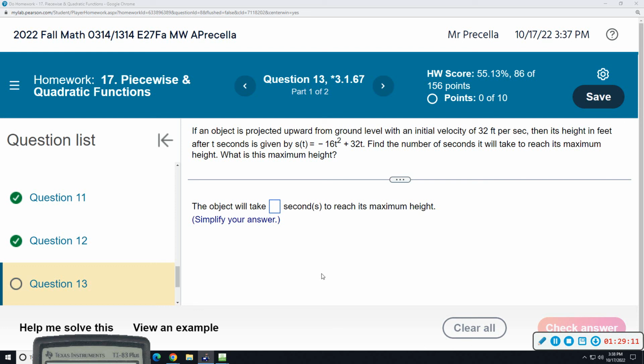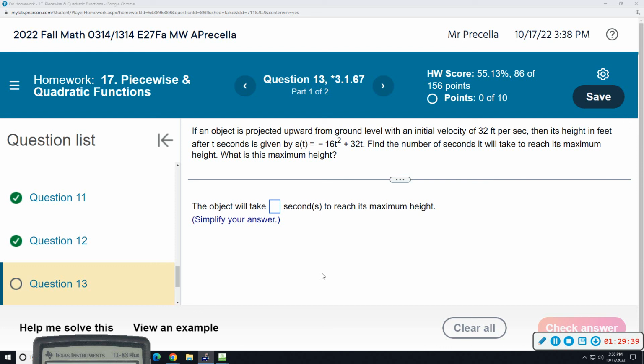So, last one. This is our last word problem, so it's going to have to be the hardest one. If an object is projected upward from ground level with an initial velocity of 32 feet per second, then its height in feet after t seconds is given by... Instead of f's and x's, notice this is written how you see a lot of functions in physics.